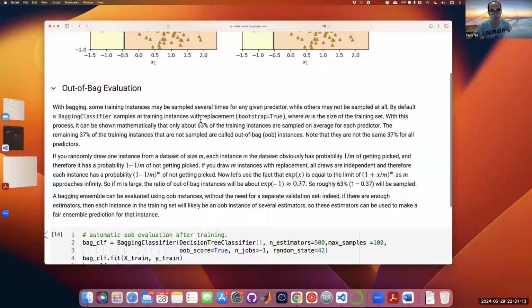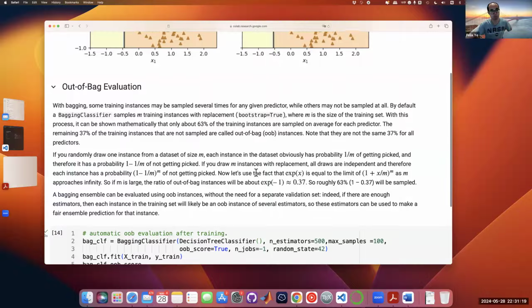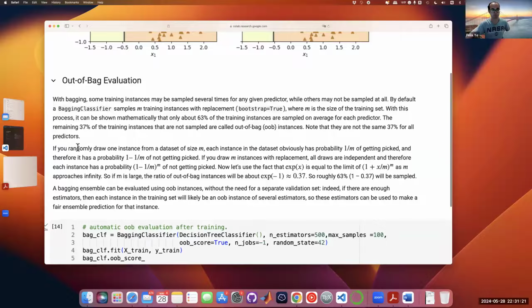Why 63%? Here is a little proof of why this is the case. If we draw one instance from a training data set of size M, each instance will have probability 1 over M of getting picked.